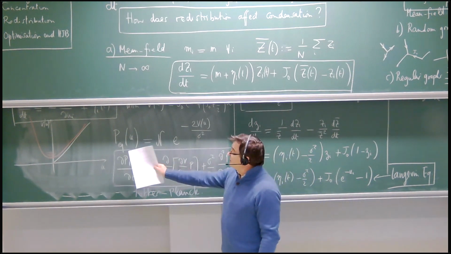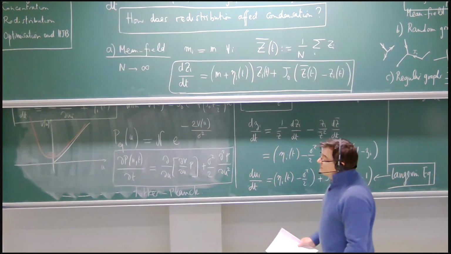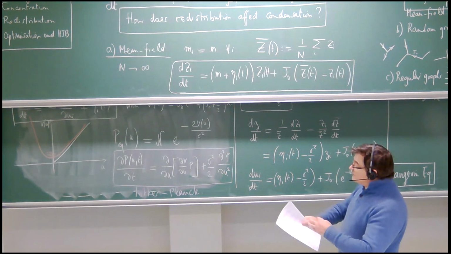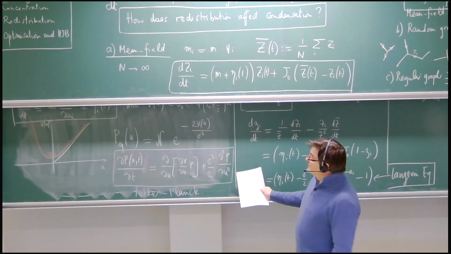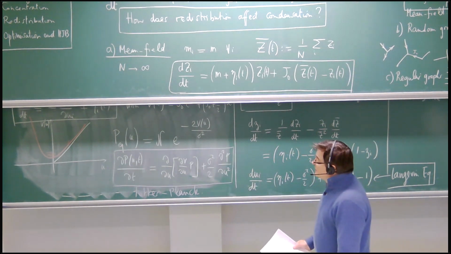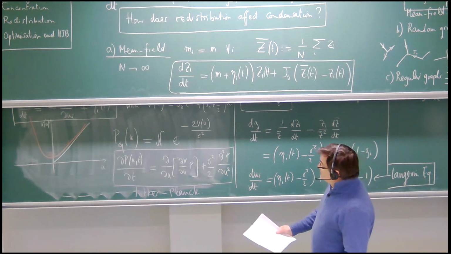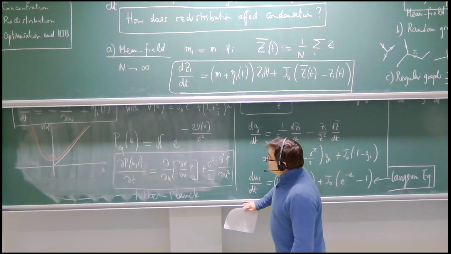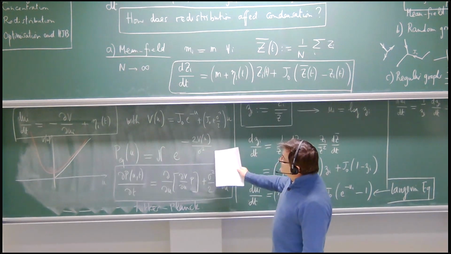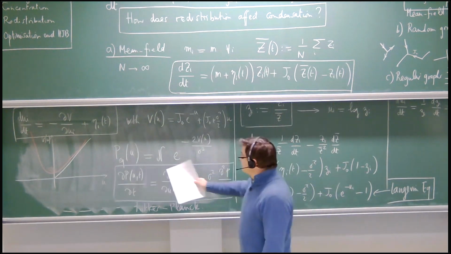If you start with a P(u) at time t = 0, you can evolve the probability through this Fokker-Planck equation. What you'll find is that for very long times, the probability distribution settles to this Boltzmann weight.